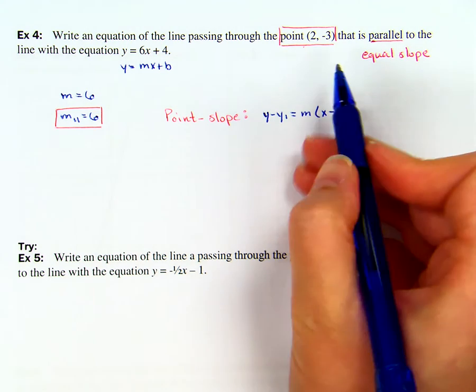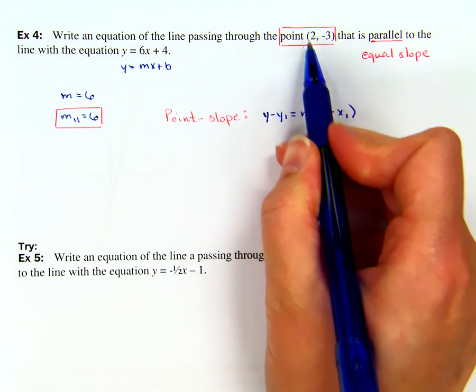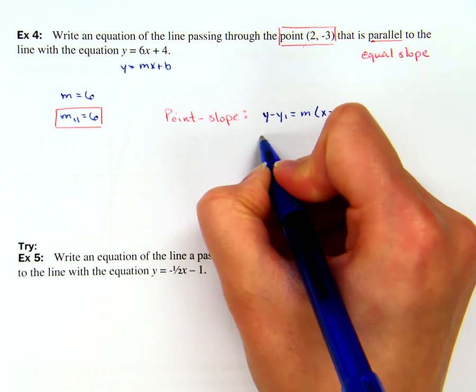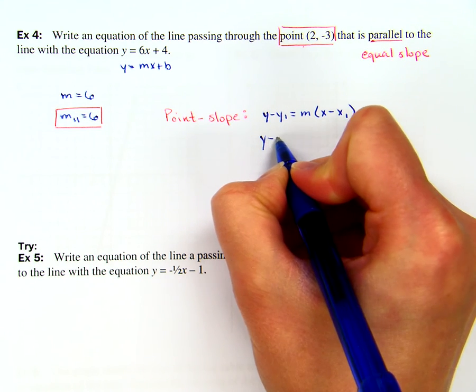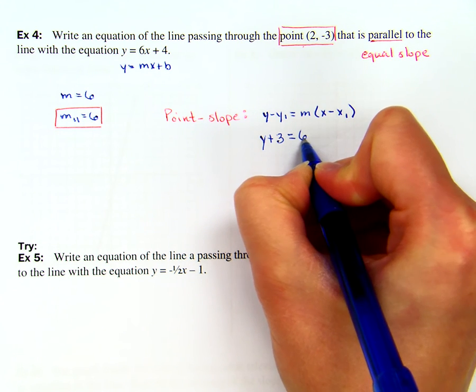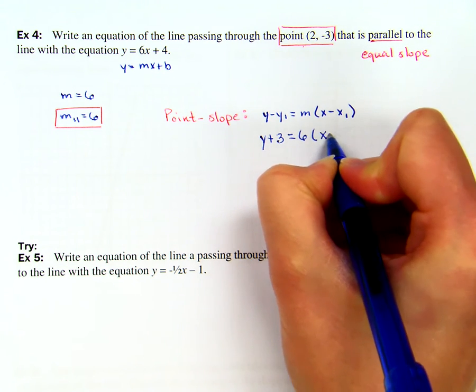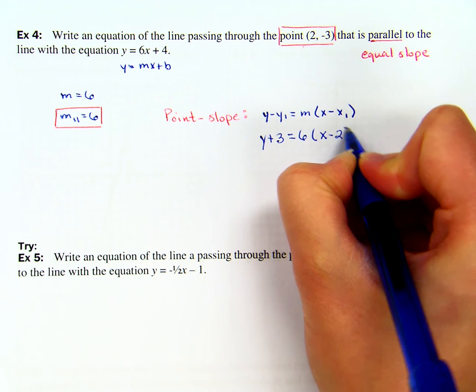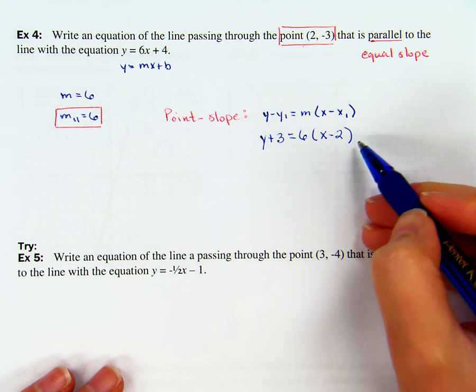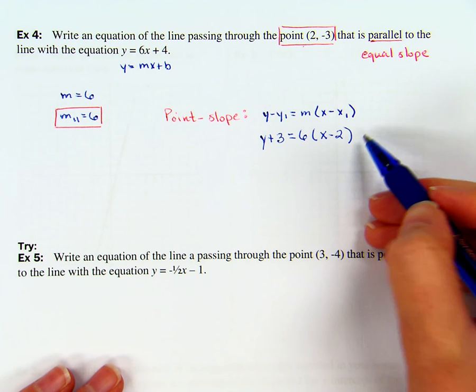All we need to do is plug in our coordinates for our point, (2, -3), and our slope of 6. So y minus -3, or y plus 3, equals a slope of 6 times x minus an x value of 2. Now this problem doesn't specify which form to put the equation in. So if it doesn't specify, this would be an appropriate answer.